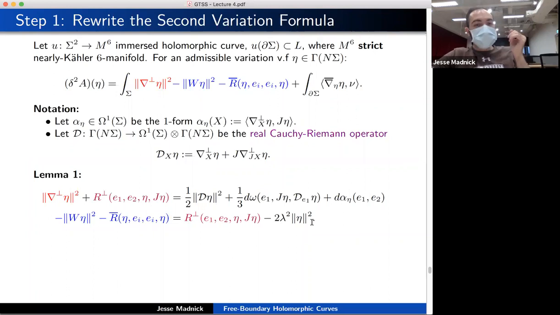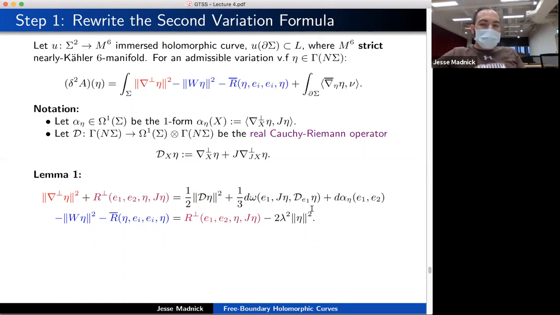Here lambda, I neglected to mention, is the type constant that appeared last lecture. It depends on the scale. So if you dilate your M6, or scale by some homothety, then you can arrange for lambda to be 1, for instance. It's just some positive constant.